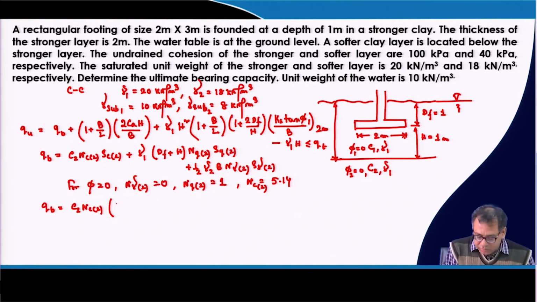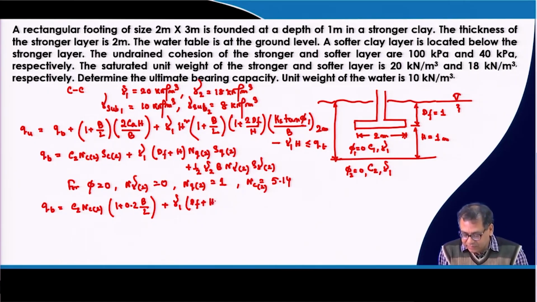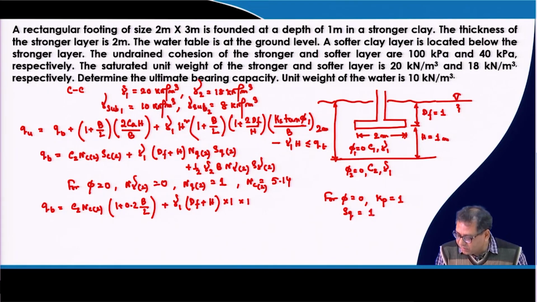So, that is equal to 1 plus 0.2 B by L, plus gamma1 into (Df plus H), and Nq2 is equal to 1 and Sq2 will also be 1, because if you see the Meyerhof table, for phi equal to 0, your Kp value is equal to 1. So, my Sq value is also equal to 1.